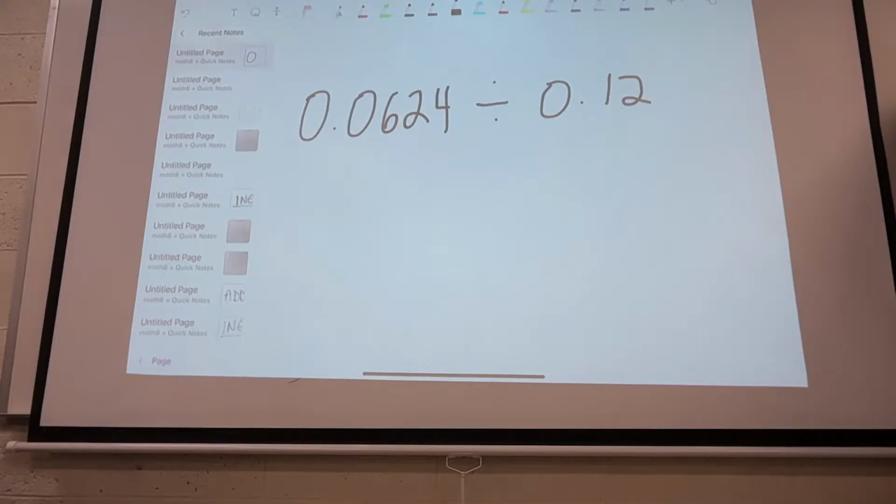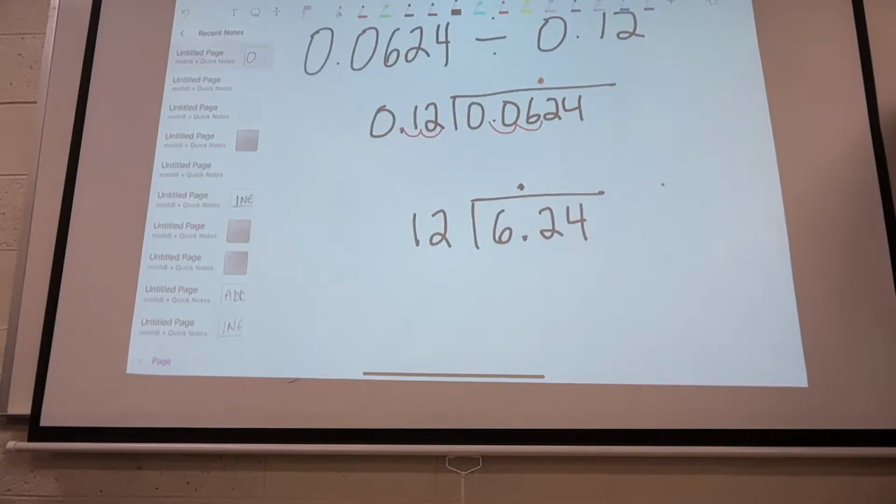Wait, where are you? 12 can't go in the 6, but 12 can go in the 62. You think you got it, Mason? No. Not yet. Take your time. Hopefully you all got this far, of at least writing it out.